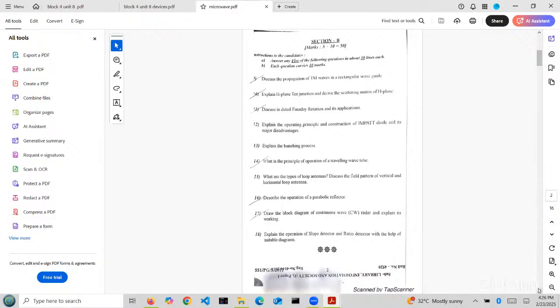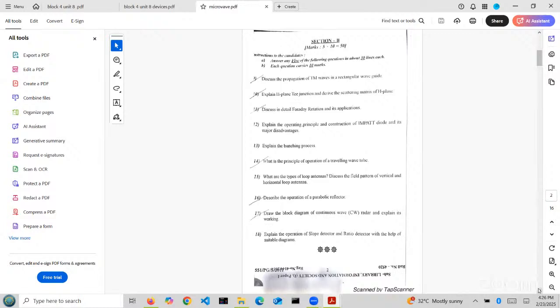Because of the DC power supply connection, efficiency is low. What is another point? Noise. It is producing noise due to the avalanche process at the high level of operating current. As avalanche breakdown occurs and current flows, there is more noise. So this we can expect as an essay question, the 12th one.